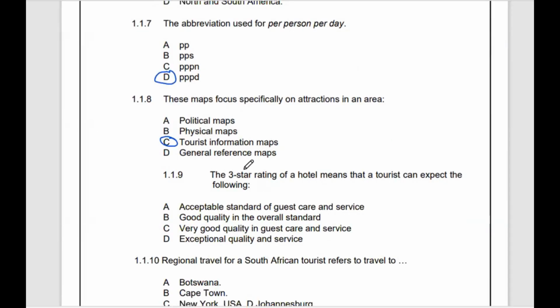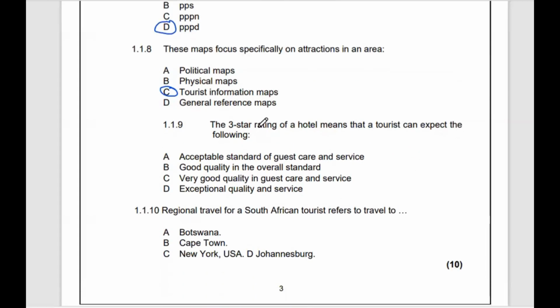1.1.9, the 3-star rating of a hotel means that the tourist can expect the following. So in this scenario, we need the characteristics which make up a 3-star hotel, or a hotel which is rated 3 stars. If we look at the options which we are given here, the first one is acceptable standard guest care and service.